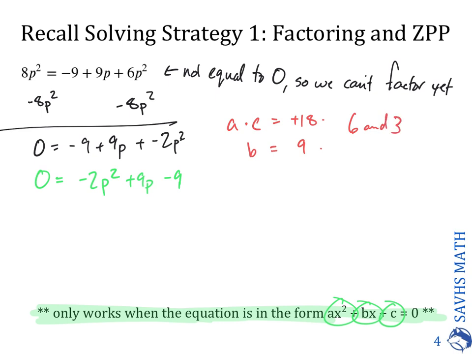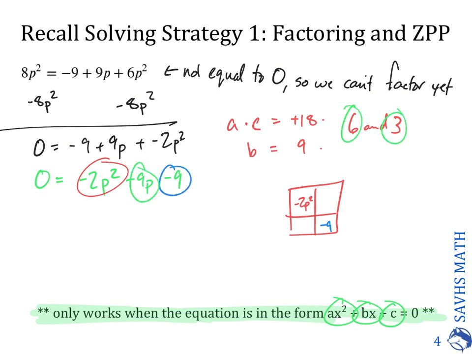Okay, so in the box method, I'm going to put my negative 2p squared here, and my minus 9 here, and then I use my 6 and 3 to get my 6p and my 3p, like that.